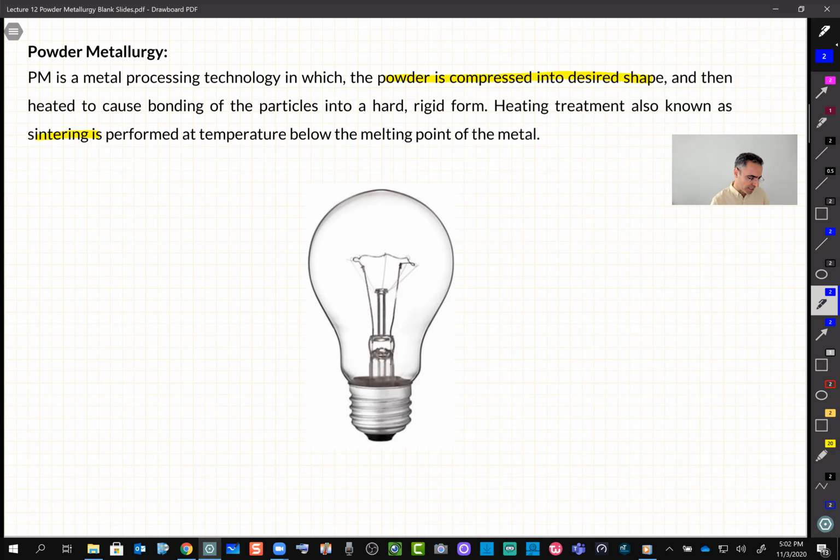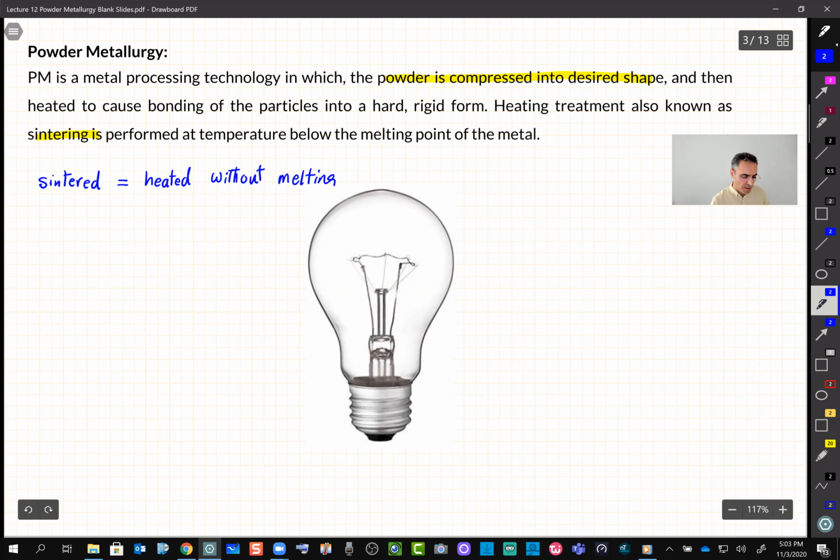When we say a sintered part, or let me write it here, when something is being sintered, it is equal to saying heated without melting. So in casting, you saw we have to melt a metal.